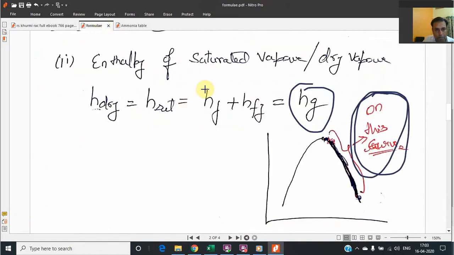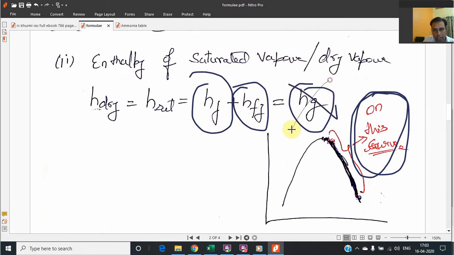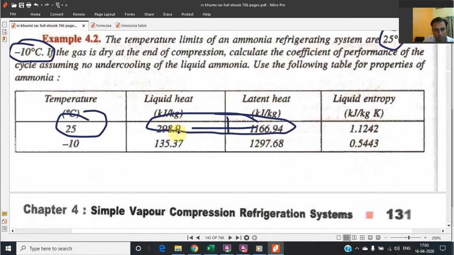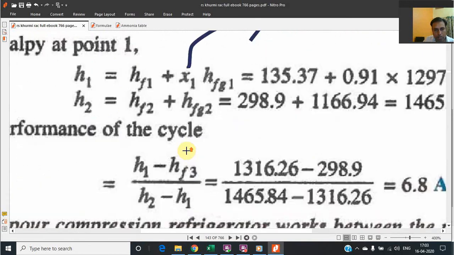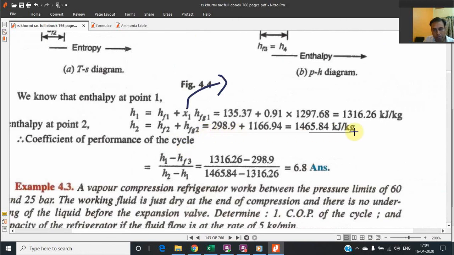We will add both the heats, HF plus HFG, because they have not given the HG. They should have given the HG, but they have not. No problem. We will add both and we will directly get H2, and they have obtained the H2. This is how they have solved the question.